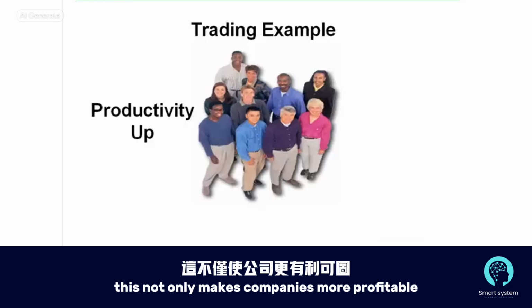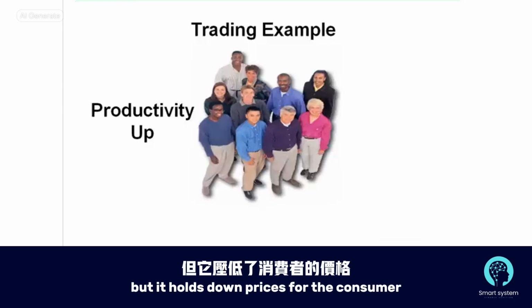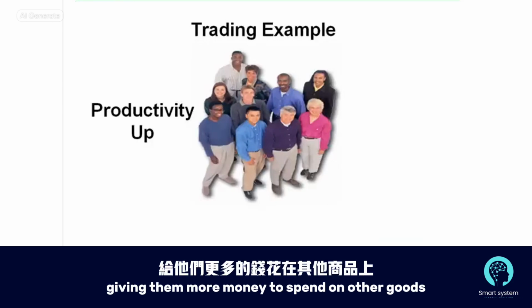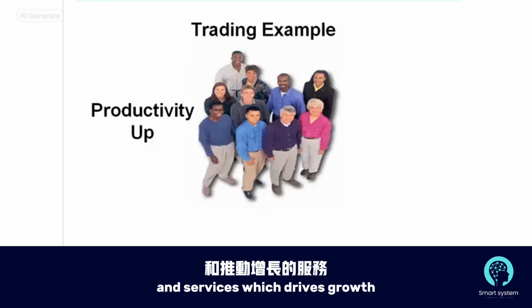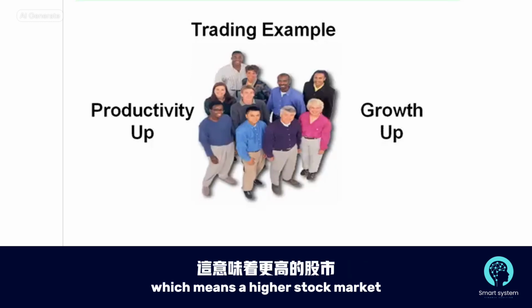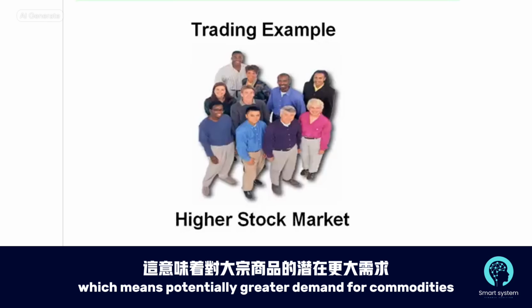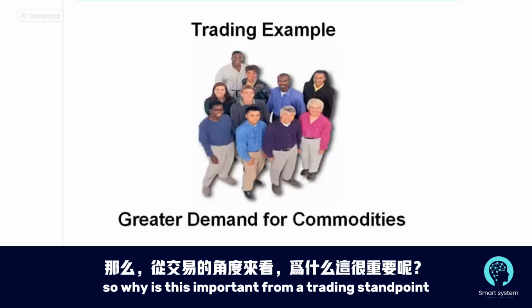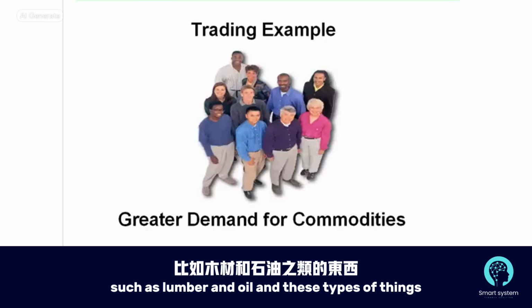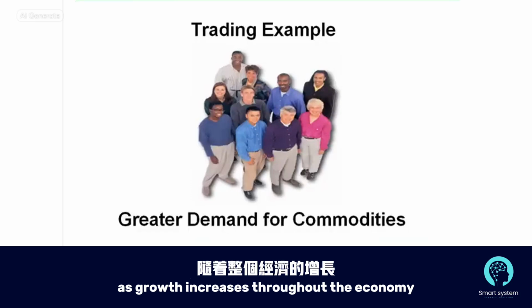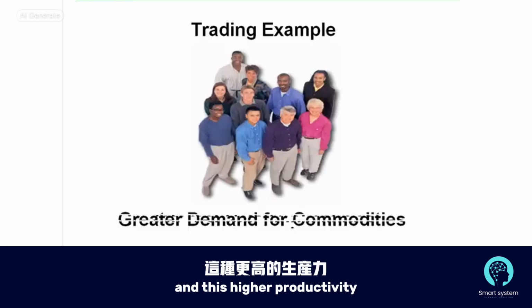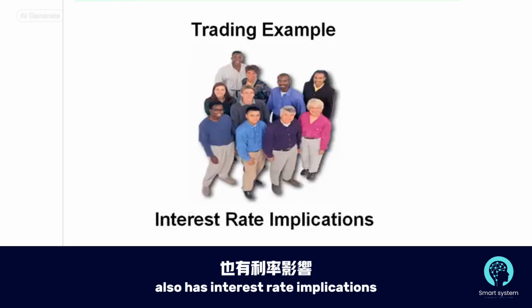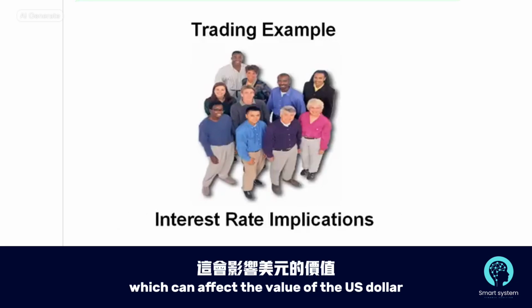This not only makes companies more profitable, but it holds down prices for the consumer, giving them more money to spend on other goods and services, which drives growth, which means a higher stock market, which means potentially greater demand for commodities such as lumber and oil. As growth increases throughout the economy, higher productivity also has interest rate implications, which can affect the value of the US dollar.